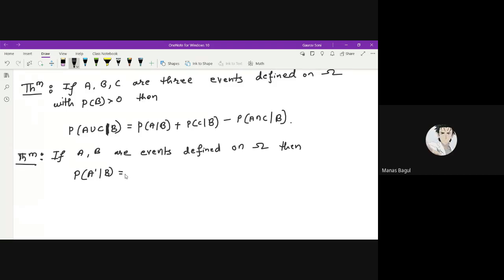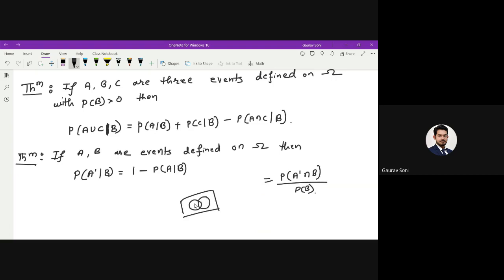So 1 minus P of A given B. How did you do that? I first simplified the given condition, using the formula: A complement intersection B comes out as P of B minus P of A intersection B. If you draw the Venn diagram, you have A and B, and A complement intersection B will be this part, which is nothing but probability of B minus probability of A intersection B, divided by probability of B. Then you separate and you will get the required result. Fine.